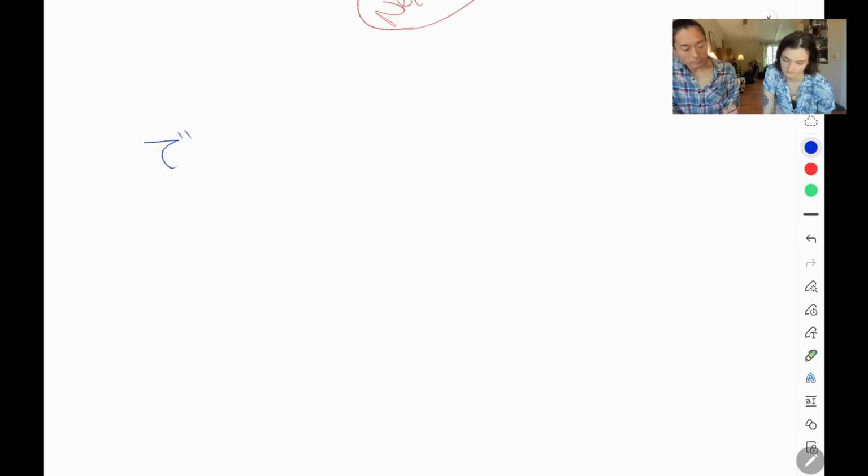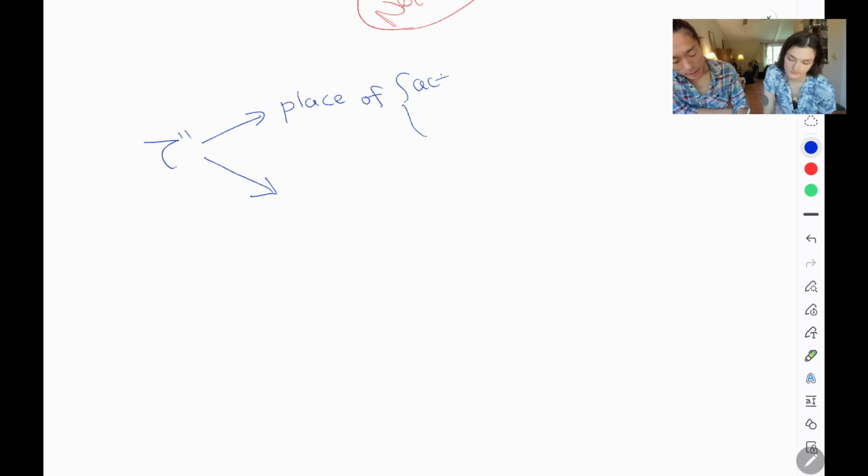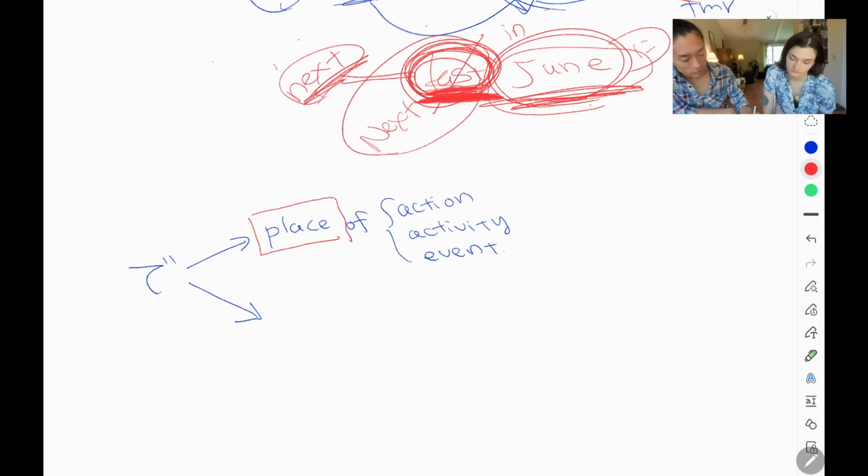So, next one. De. De has two functions. Place of action or activity or event. People do get really confused between ni and de because both particles have the place factor in it.